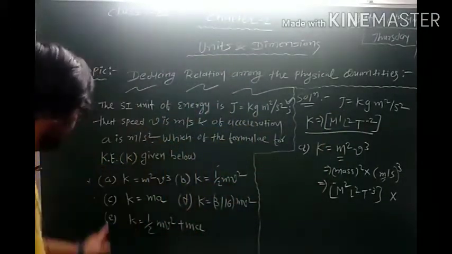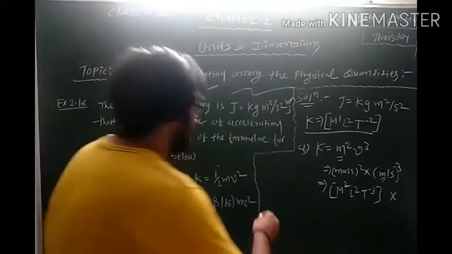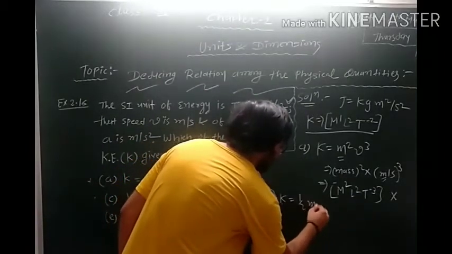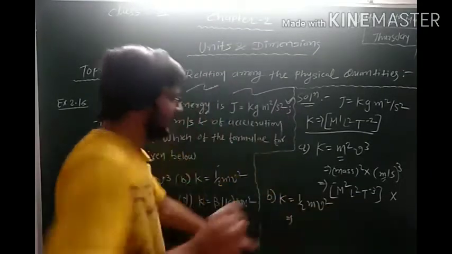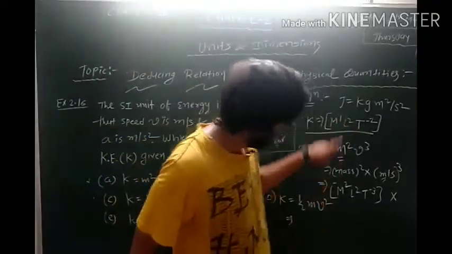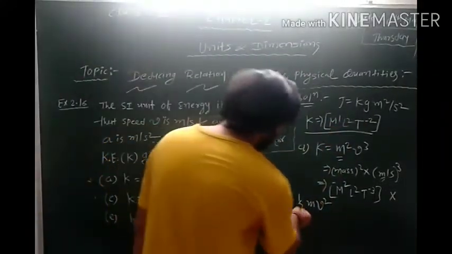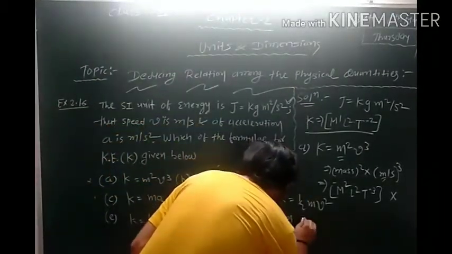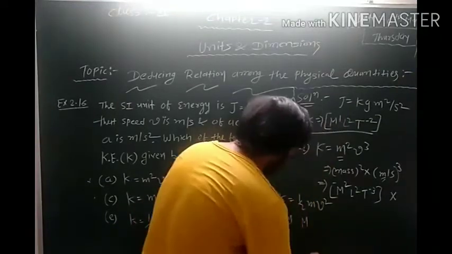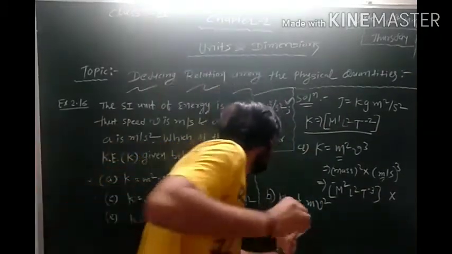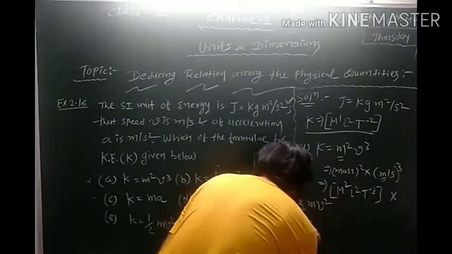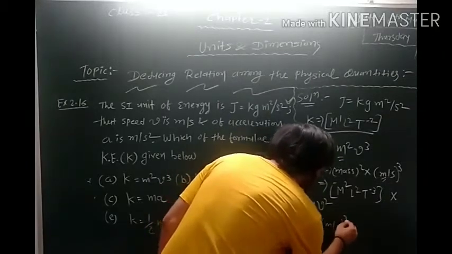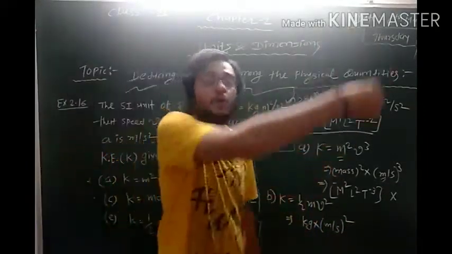Now the second option is given, B: K equals half mv square. Let us check whether it is dimensionally correct or not. Half is a number, so it is dimensionless obviously, and m is the mass, measured in kilogram. Velocity is measured in meter per second, and here it is whole square, so meter per second whole square.